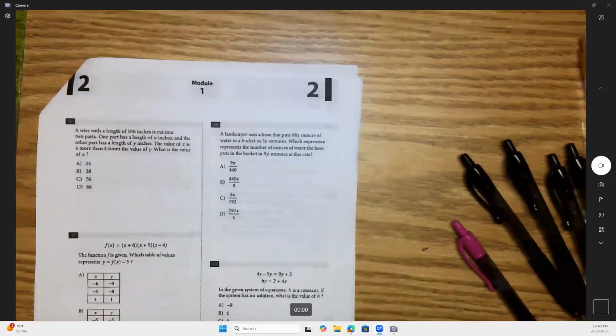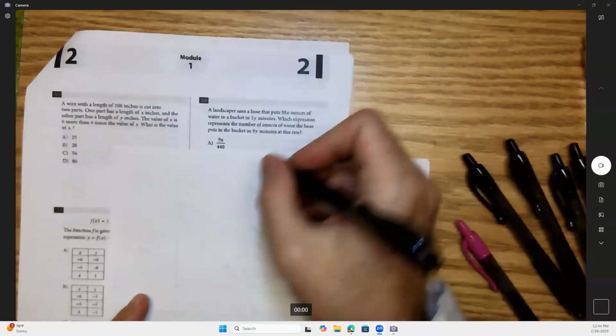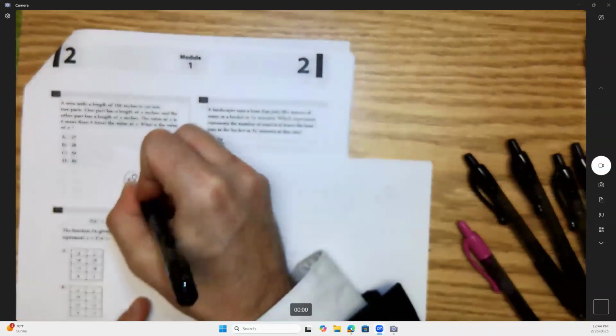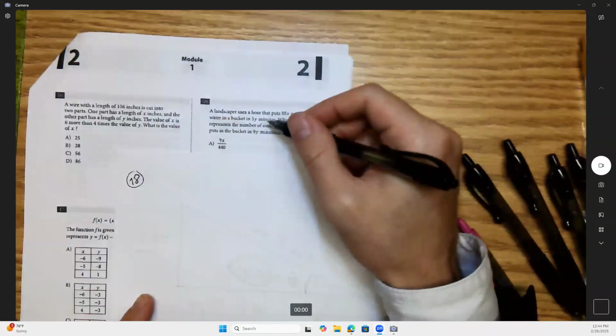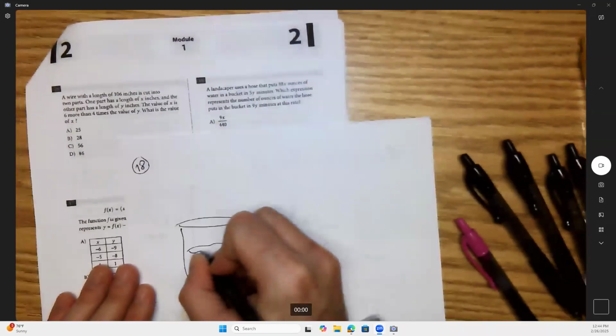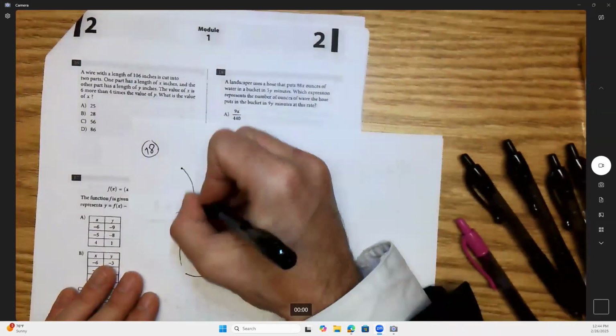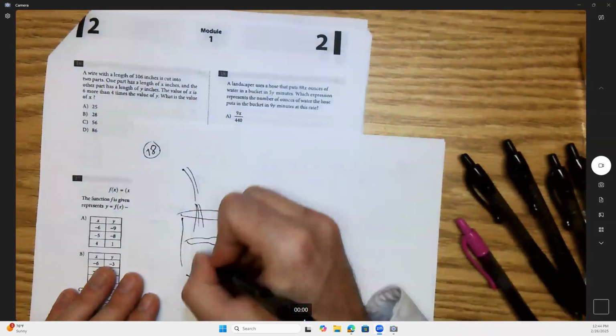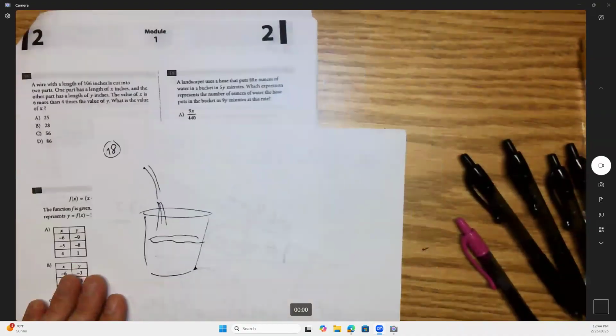Number 18. A landscaper uses a hose that puts 88x ounces of water in a bucket in 5y minutes. Here, I'm going to draw this out because I like pictures myself. So I can imagine this bucket being filled up by this hose, spraying water, filling up the bucket.